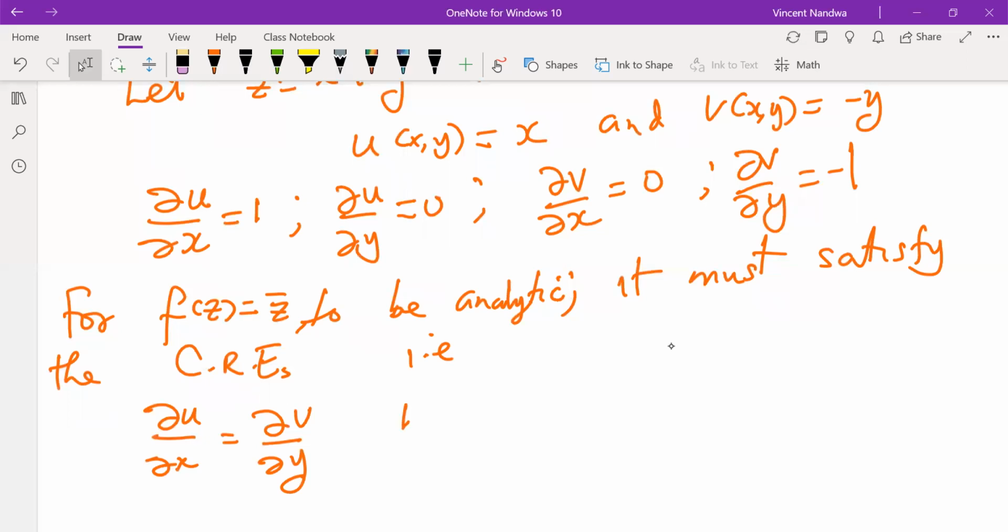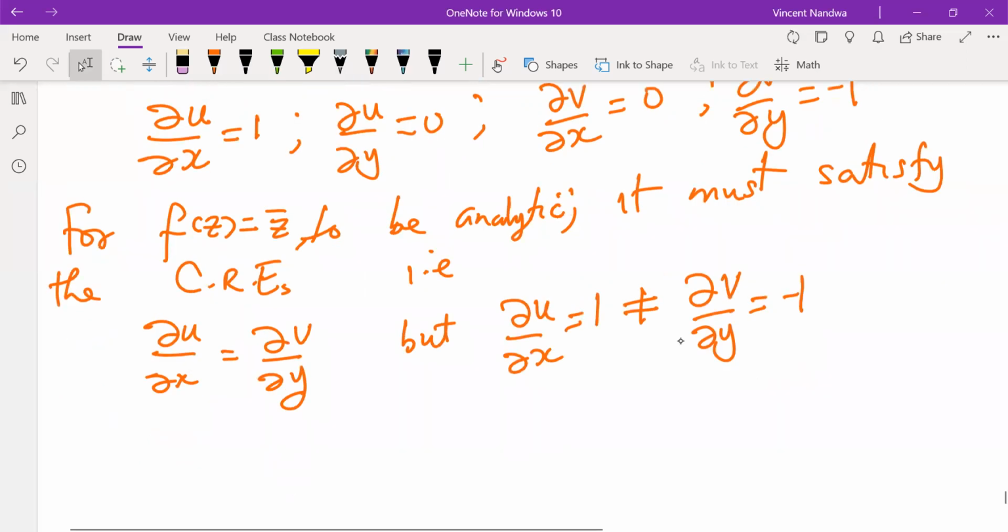But you see partial u, partial x from our calculation is 1, which is not equal to partial v, partial y, whose solution is negative 1.